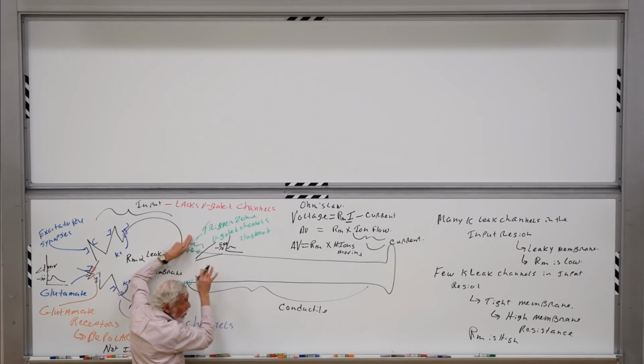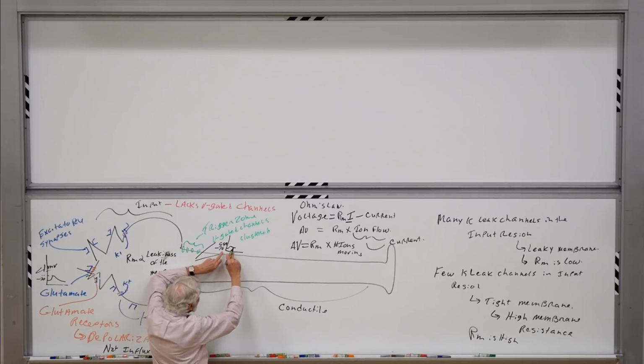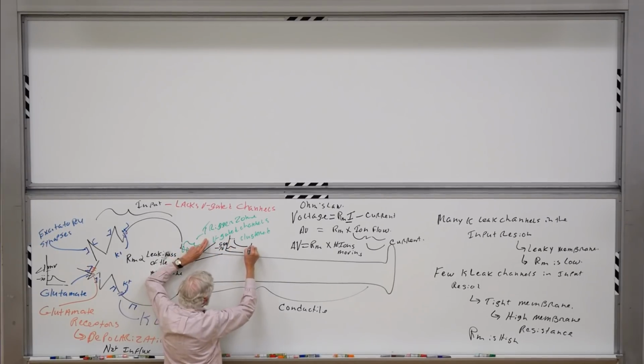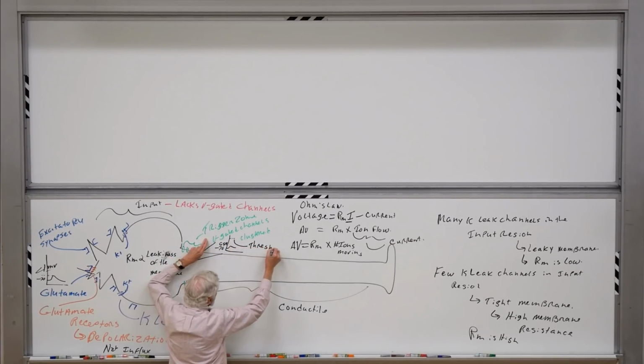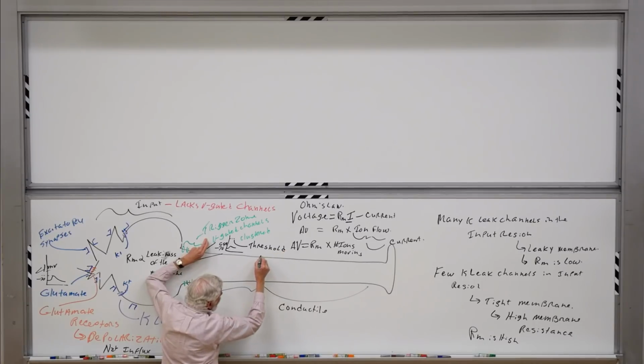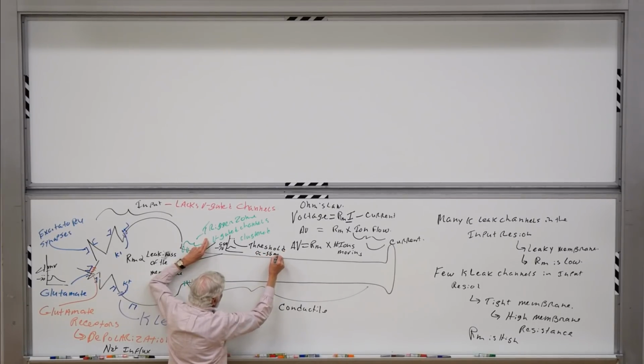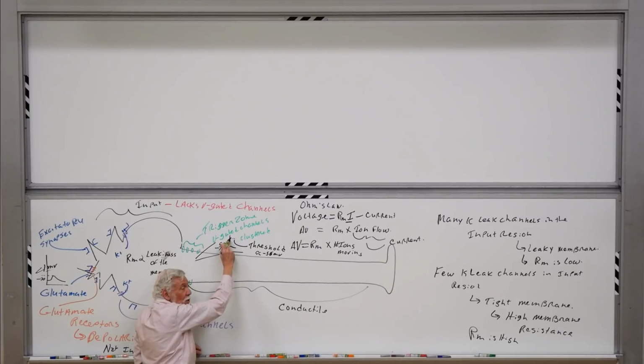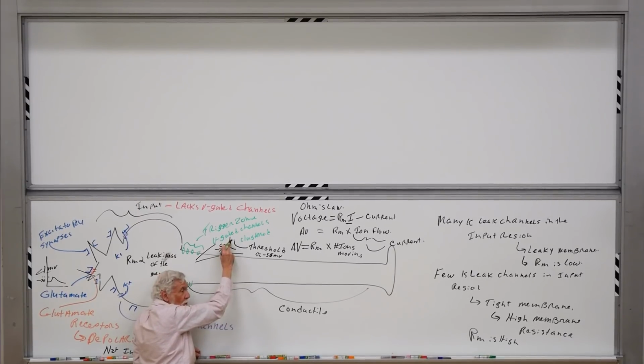The other really important idea to recognize here is that the resting membrane potential is about minus 70 millivolts. But remember, to get these voltage-gated channels to open, we have to reach threshold. It's not a hard and fast number, but more or less, that's about minus 55 millivolts. So if that's minus 55 millivolts, then we have to go from minus 70 to minus 55. We need to go 15 millivolts.